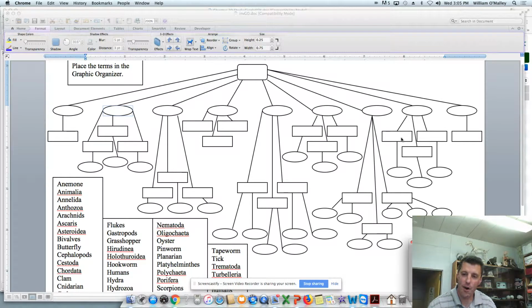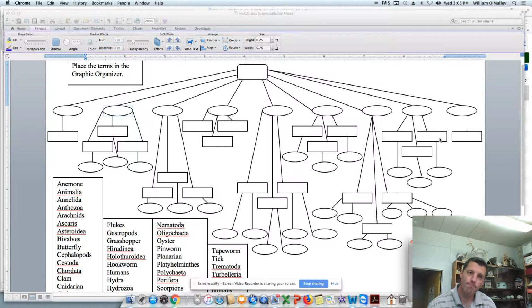Echinodermata or echinoderms. What's one class of those, Nathan? Holothuroidea. And what are those? Sea cucumbers. Another class of echinoderms. Sophia. Asteroidea, and those include starfish or sea stars.